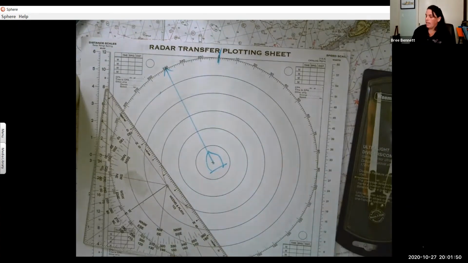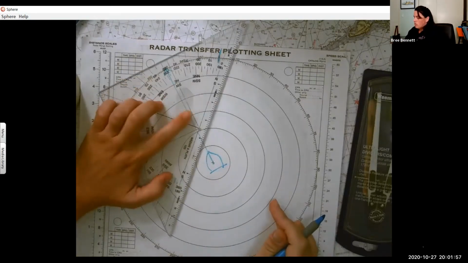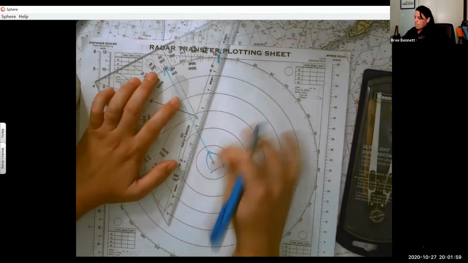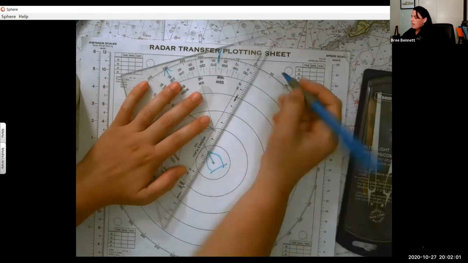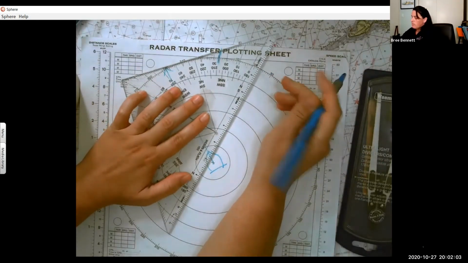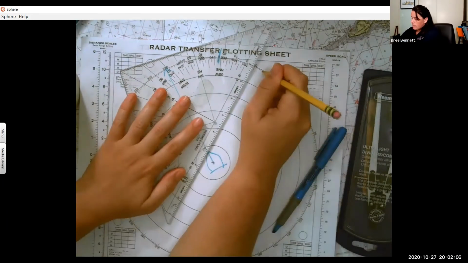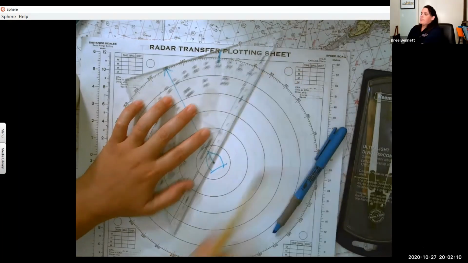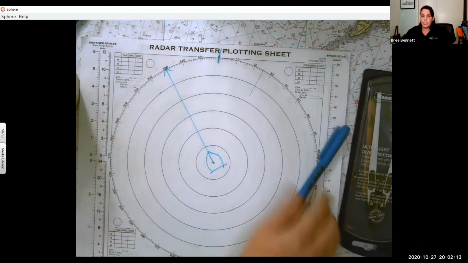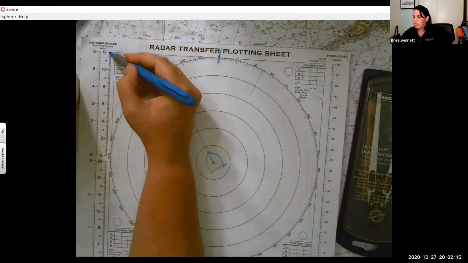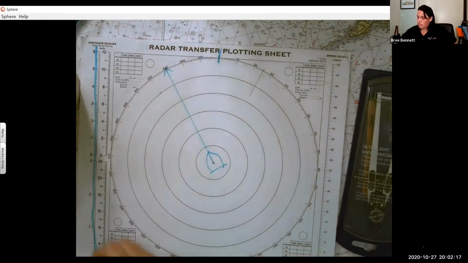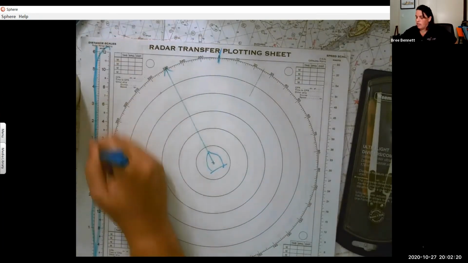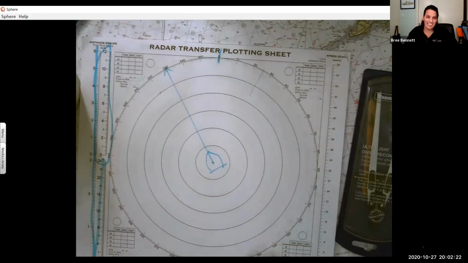If we use our radar, range and bearing, let's plot, we got something kind of broad off to the starboard side. Let's call it 025 at 10 miles. So I am going to use my 12-mile scale. So I'm going to cross those out, not use those. This is the one I'm using.